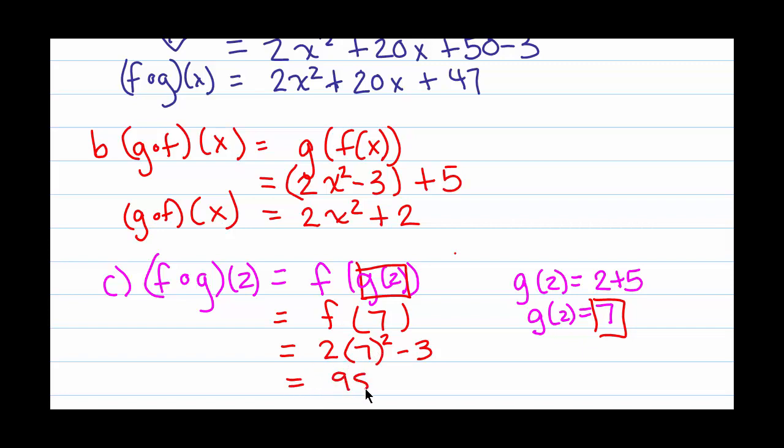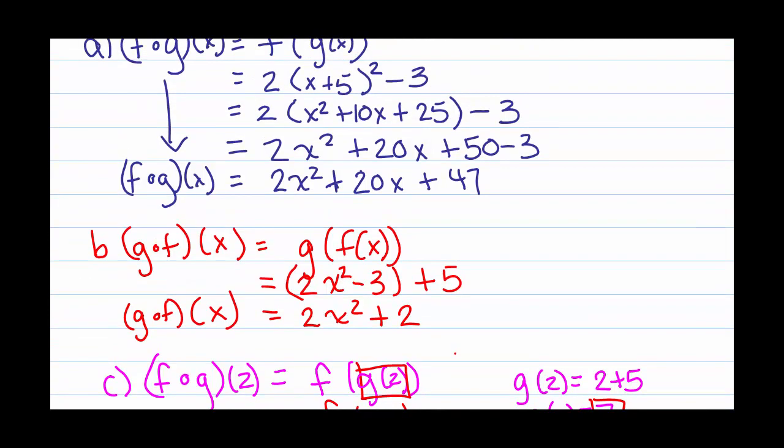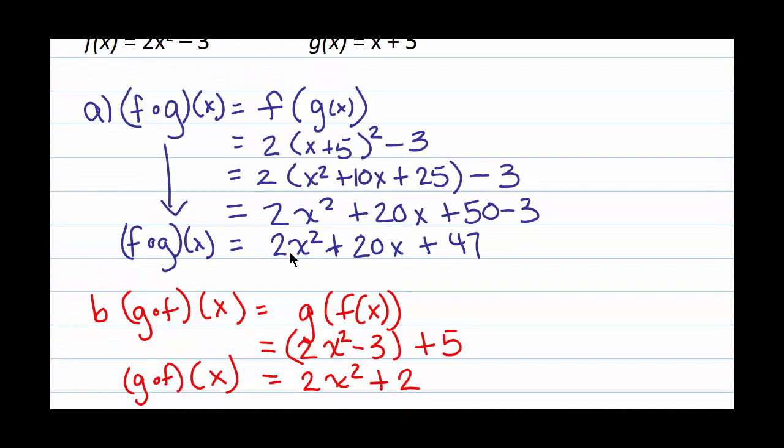So I get 98 minus 3. So I get 95. Now I can also check my calculator plugging it in here. I can plug in 2 into my composite function and get the same thing.